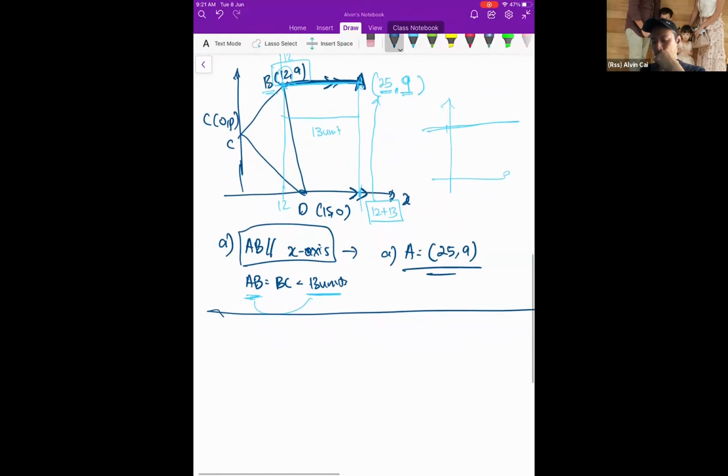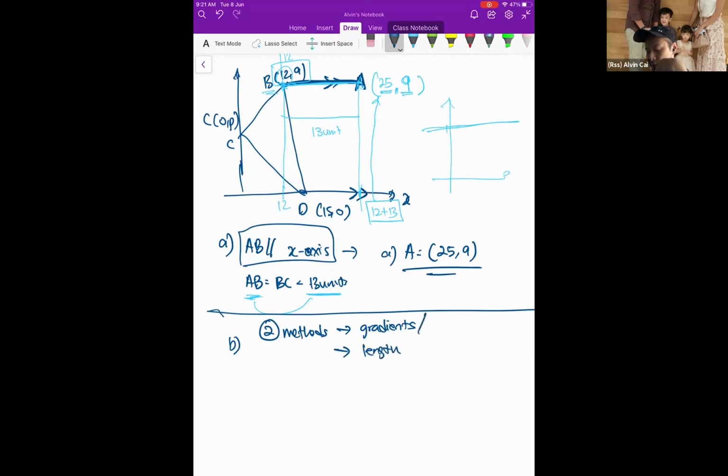Okay. So for part B, we are supposed to show that the value of P is equal to 4. Okay, so now the information given. There are two methods we can use. Either we use gradient, usually for this type of question, it's either use gradient or we use the length.